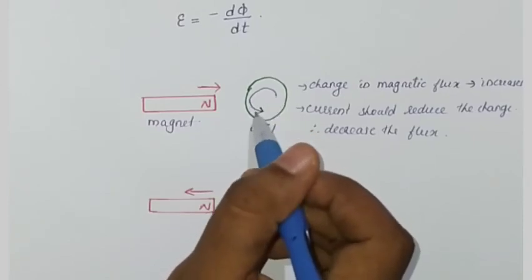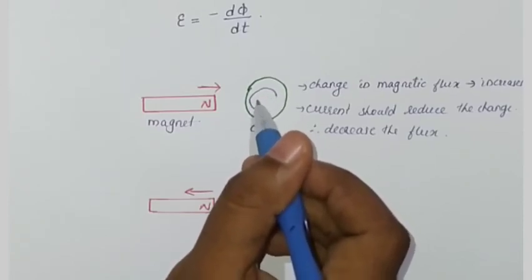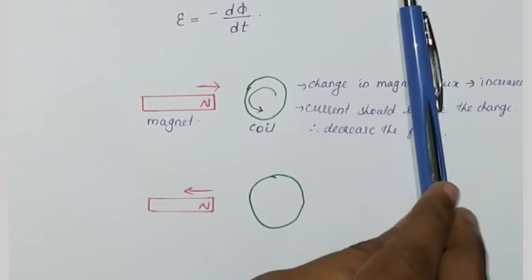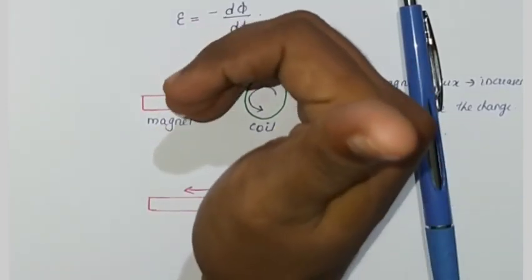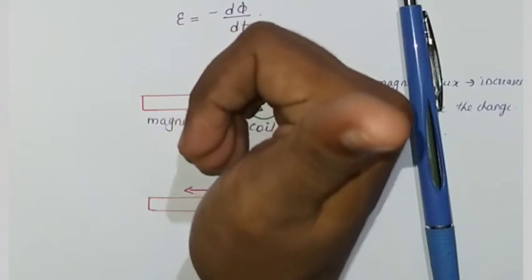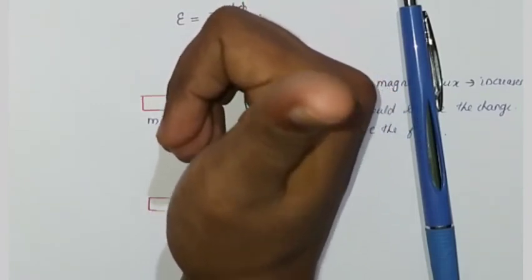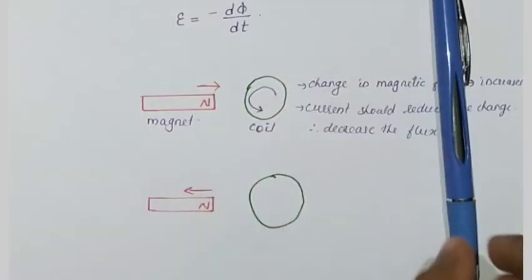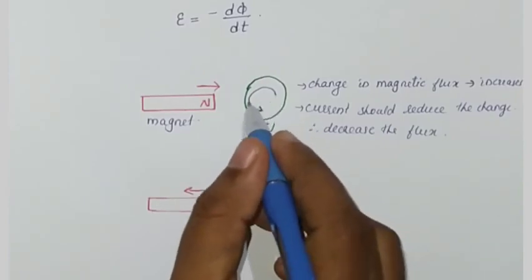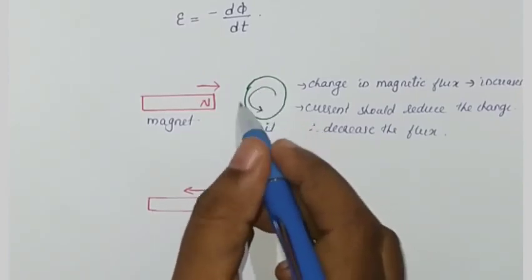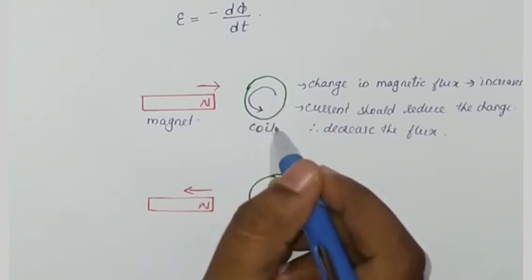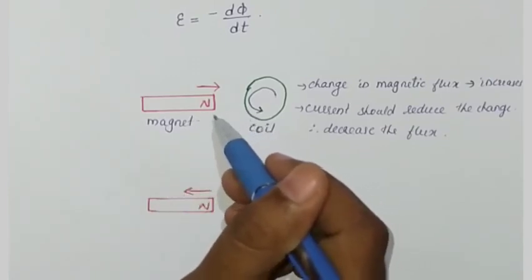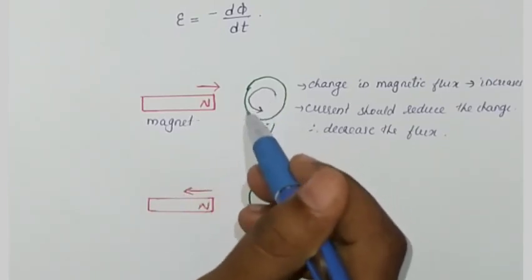North pole means the magnetic field produced should be coming out from that face, and using the right hand thumb rule we can find that if the direction of current is anti-clockwise, that is, the four fingers are placed anti-clockwise, then the thumb direction is the direction of the field coming out from this face of the coil. Therefore, the flow of current in the anti-clockwise direction makes this face of the coil act as a north pole and thus repels the north pole of the magnet, and hence reduces the flux associated with this coil.